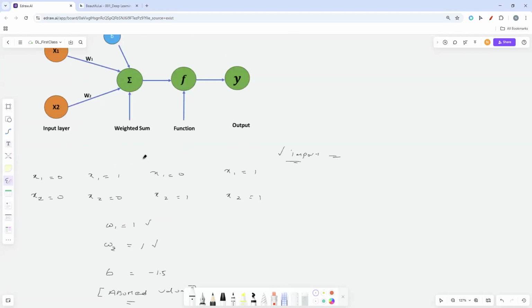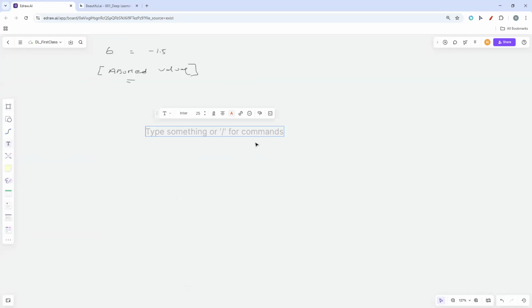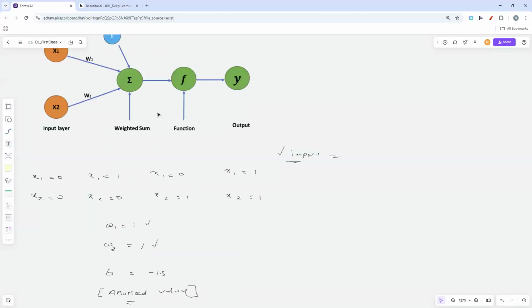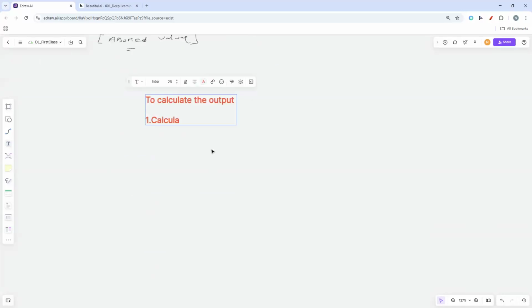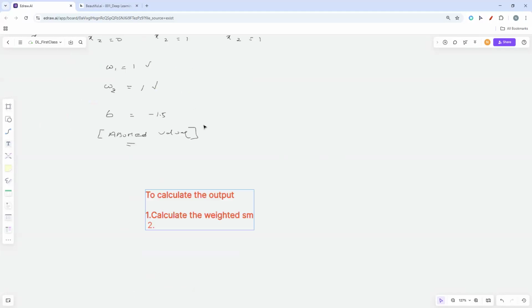Now the first step to calculate the output is to calculate the weighted sum. So the first one is calculate the weighted sum, and the next step is to apply some function on it.